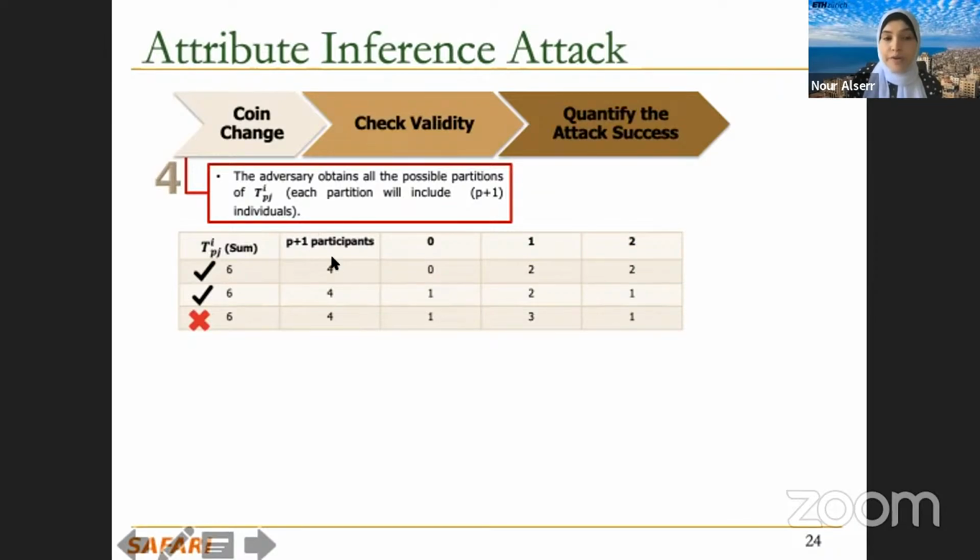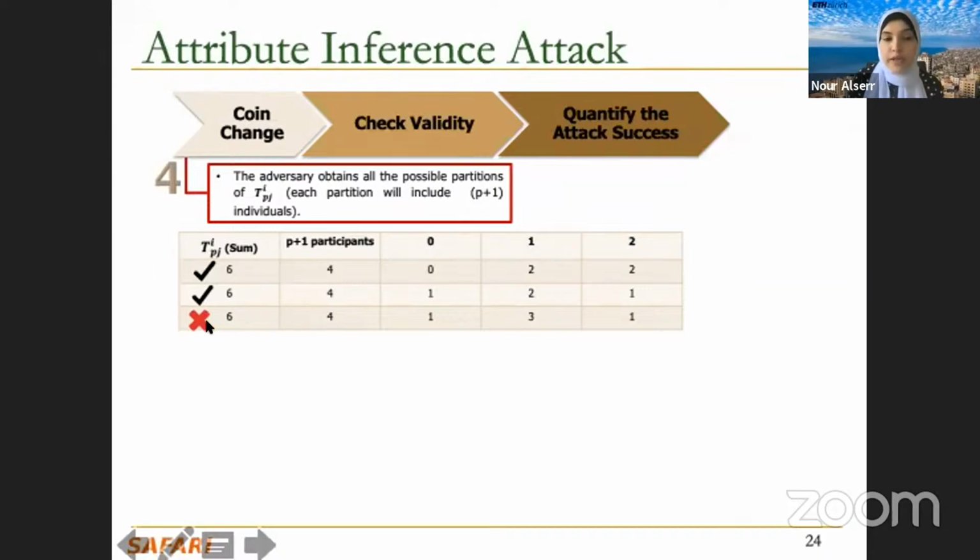Now, based on the number of participants included inside the query result, he can find the correct partitions and which partitions we need to exclude or ignore. For example, in the third one, we have partitions for 5, but here the number of participants is 4, so we ignore that.